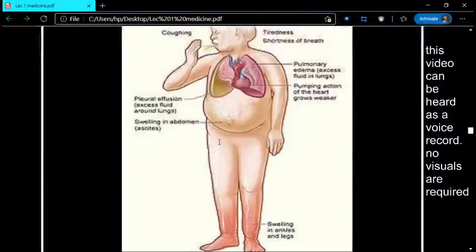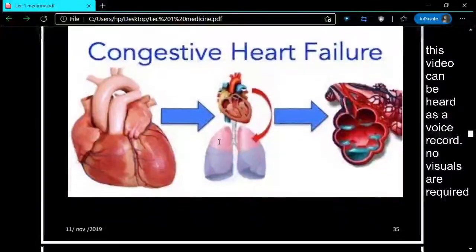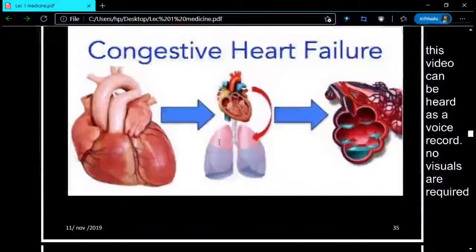Tiredness, shortness of breath, cough, pulmonary edema caused by fluid in the lung, pleural effusion, and abdomen, peritoneum, swelling of the ankles and legs. And we have congestive heart failure, also an important topic to be discussed in this lecture.